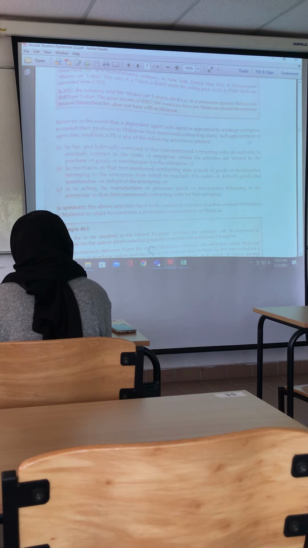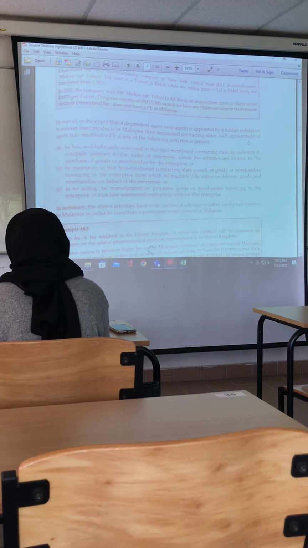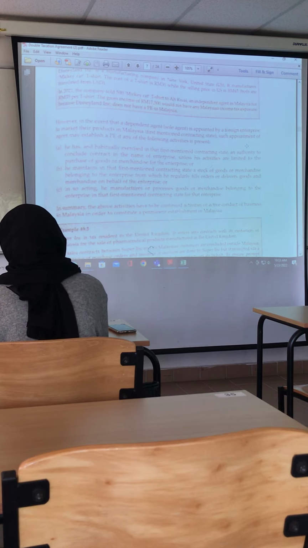Such appointment of agent may establish a PE, right? If any of the following activities are present. If the agent has and habitually exercises in that first mentioned contracting state an authority to conclude contracts in the name of the enterprise, unless activities are limited to the purchase of goods or merchandise for the enterprise.